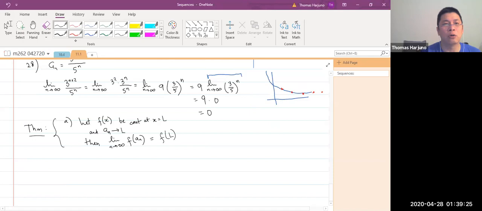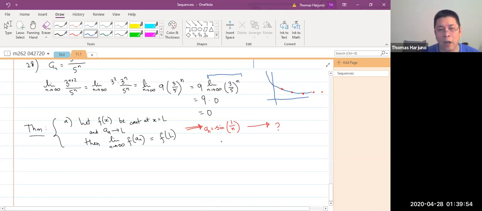Thomas, I don't know what that is. That's confusing. Don't worry, don't worry. Let's see a simple example. Suppose I have sine 1 over n. Now this a sub n will converge to what? The way we see it is the following. Now 1 over n converges to what?